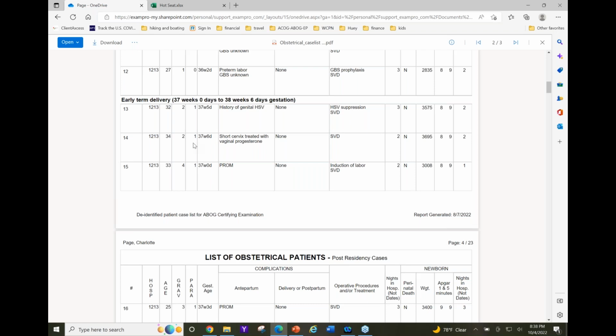So a McDonald's cerclage doesn't require any dissection of the bladder off the lower uterine segment.